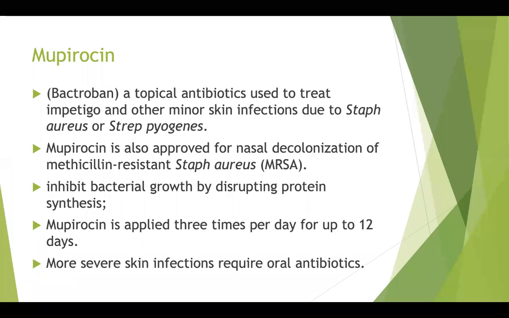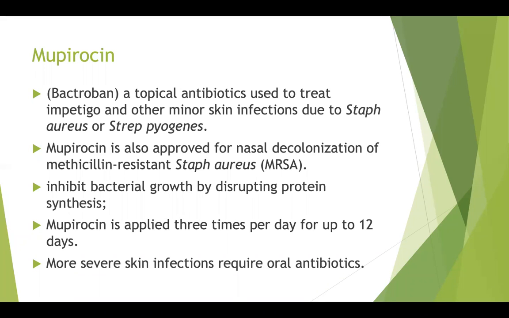This is only a topical antibiotic, which means it comes in the form of a cream. Mupirocin is also approved for nasal decolonization of methicillin-resistant Staphylococcus aureus, or MRSA, so it can be used in the nose.